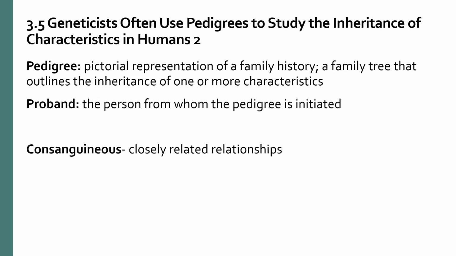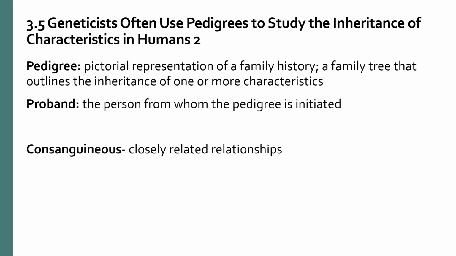So our pedigree is basically a representation of the inheritance of one or more characteristics. Most of this video is going to cover sort of vocabulary and ways that we look at our pedigrees. The first thing that we want to know is who we are discussing.